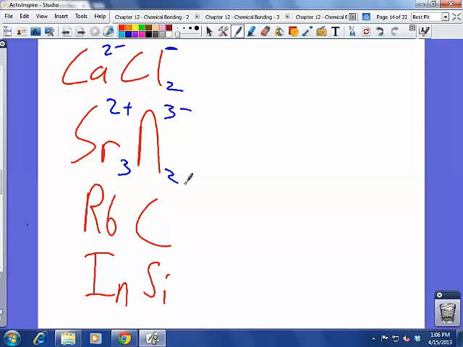What about rubidium and carbon? What charge do you expect on rubidium? Carbon? So 4:1. And finally, indium silicide. Yeah, so +3, -4, 4, 3. There we go.